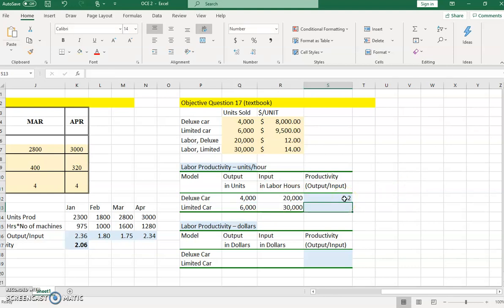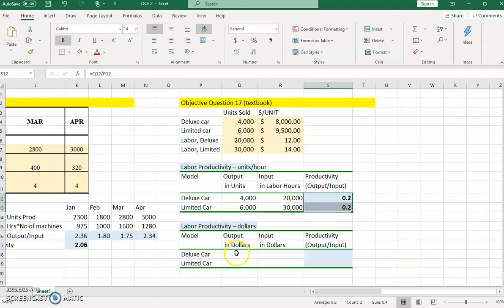And for the limited car, it is going to be 6,000 divided by 30,000, which is R3, and that comes to 0.2. So we have these two numbers as our labor productivity, 0.2 for deluxe as well as for the limited car.